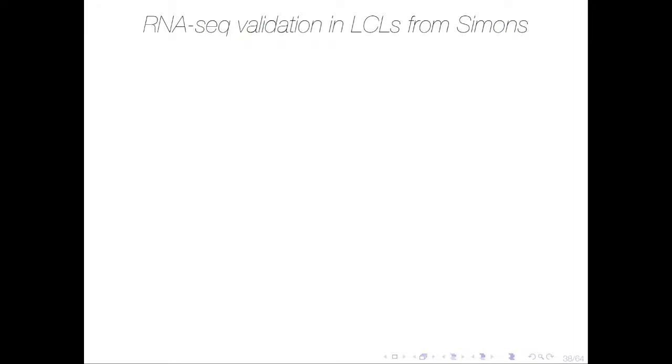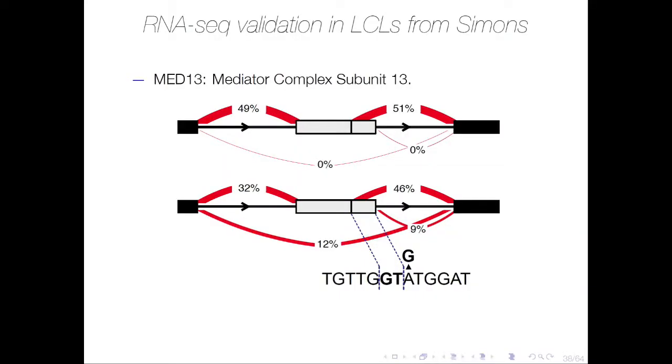Finally, we wanted to try and validate some of these predictions. And we did this by obtaining lymphoblastoid cell lines from 28 of the individuals from the Simons collection, where we had predictions that there was a de novo mutation disrupting splicing, and where there's also expression of that gene in LCLs. I'm showing one example here, this MED13 gene, which is broadly involved in transcription. And in healthy individuals, this exon is almost always included.